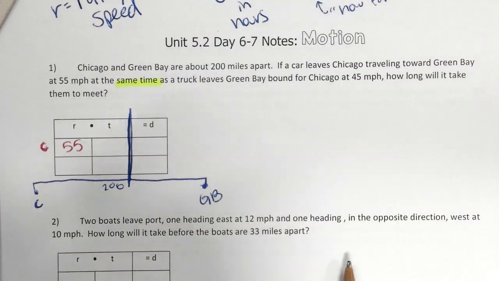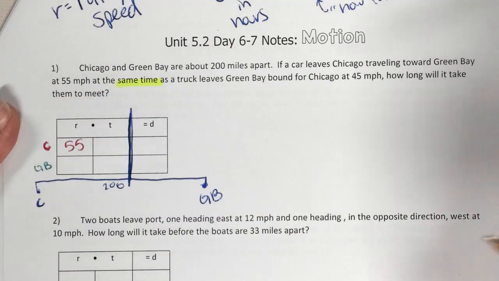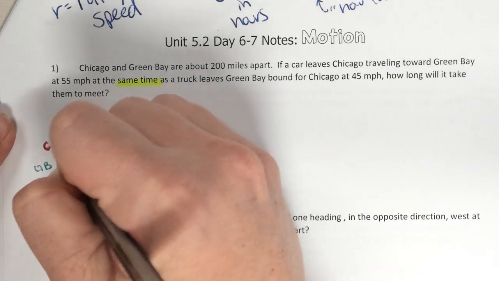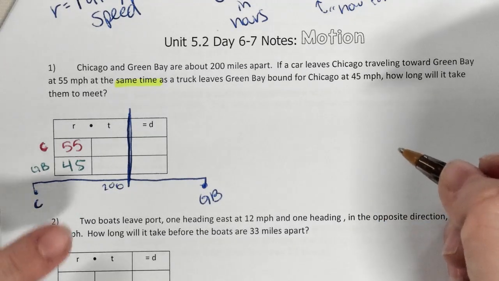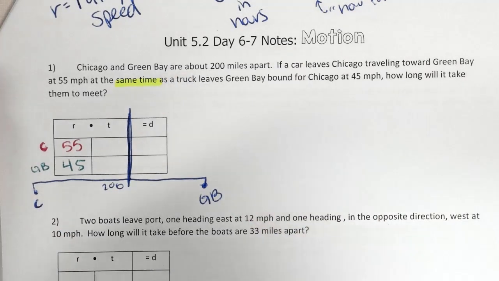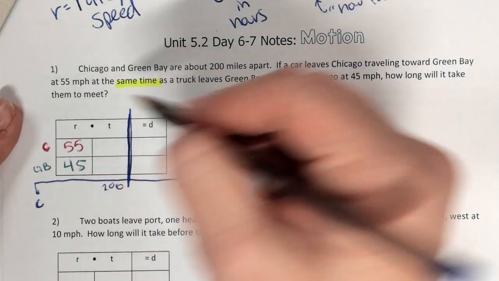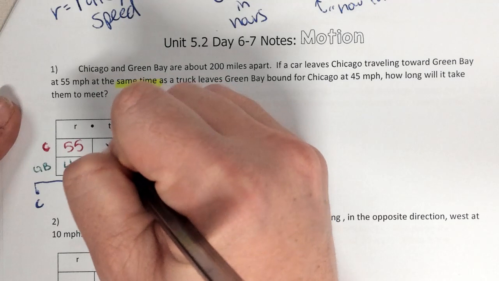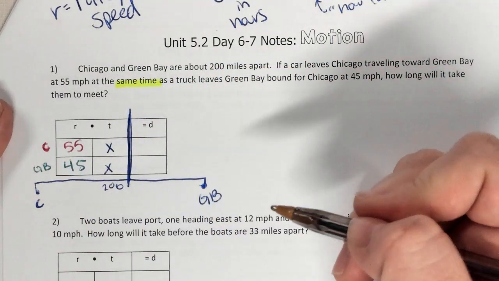The truck left Green Bay, so this one's leaving Green Bay, how fast is that one going? 45 miles per hour. Well, I don't know their time, but what do I know about time? It's the same. If it tells me nothing about time, my first unknown is always x, but it does tell me they're the same time. So if this is x, this is also x.